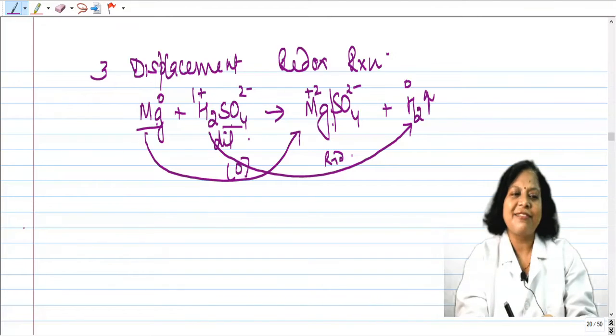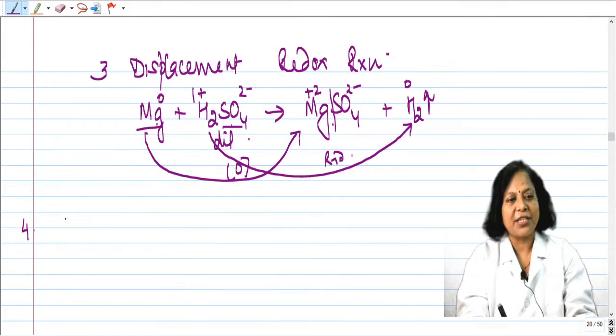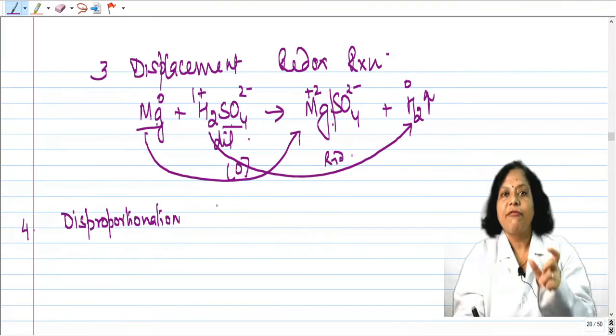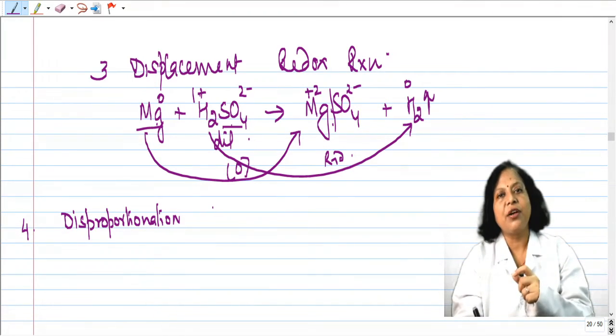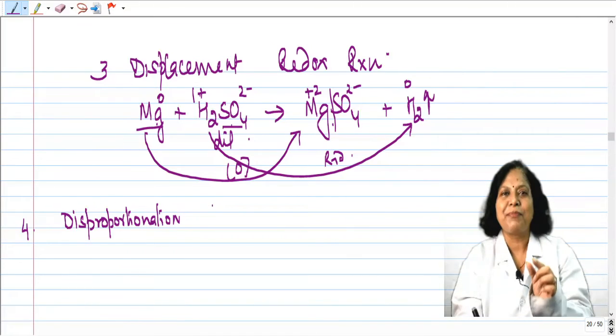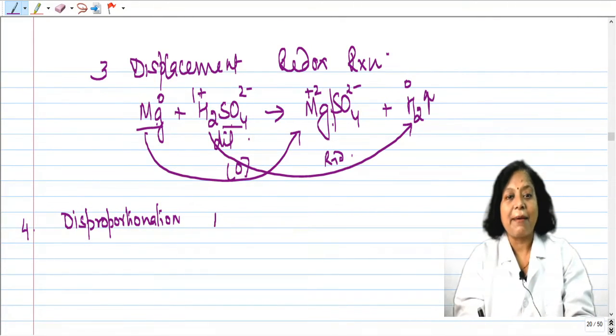Next we move on to the fourth type of reaction, which is known as disproportionation. That means if there are two elements, one of the elements changes its proportion. Let's take the example of hydrogen peroxide.